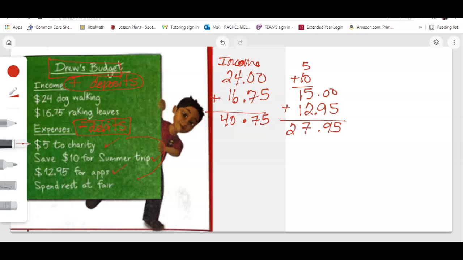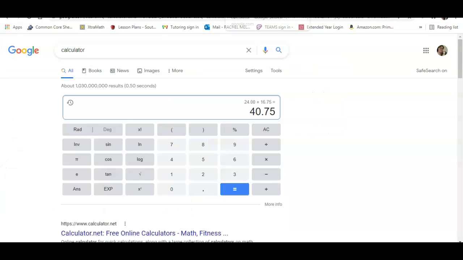So here's why they want us to balance the budget. He needs to know how much he can spend when he goes to the fair. So this is his expenses. Now I find the difference between the income and expenses, and that tells me how much he can spend at the fair. Since I have my $40.75 still in my calculator, now I need to subtract $27.95.